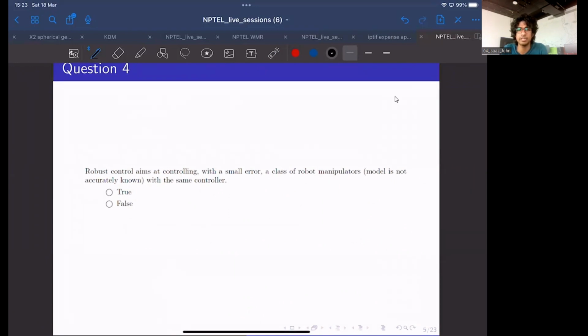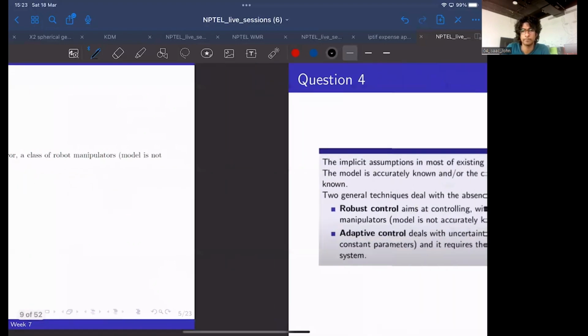It says a robust control aims at controlling with a small error a class of robotic manipulators whose model is not accurately known with the same control. Again, this question is kind of a definition of what we have seen during the lectures. So I'm recalling the definitions from the lecture itself.